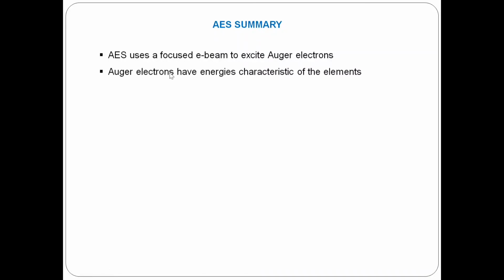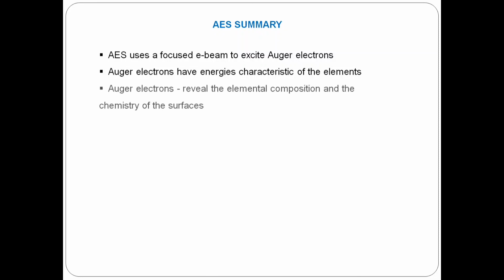Here is the AES summary. As a beam of electrons strikes the sample, an Auger electron is excited. This Auger electron has energy characteristic of the element present on the surface.